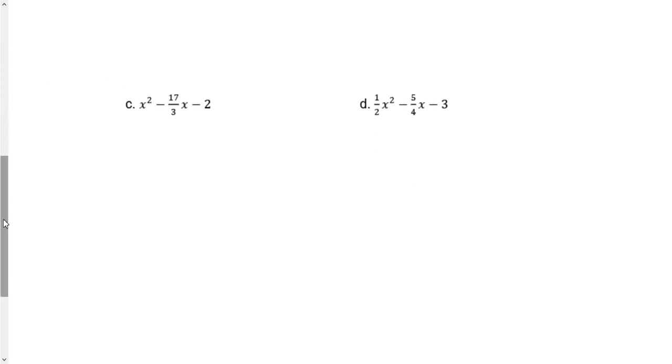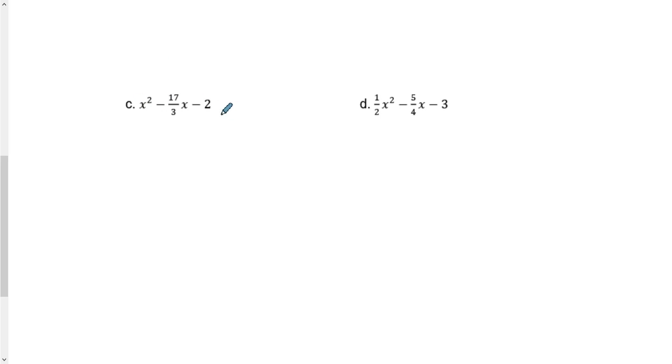How about these two? Well, these ones typically look a little bit harder, but really, they're not. There are kind of two ways of doing it. I'll show one way and show the other.